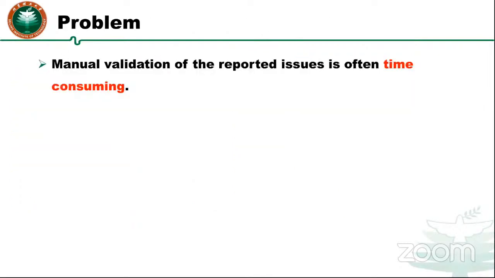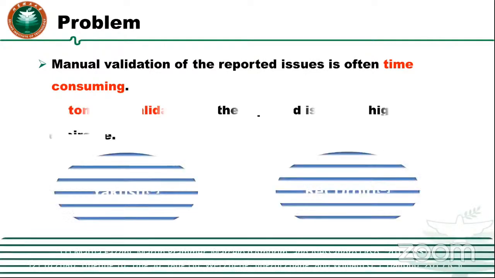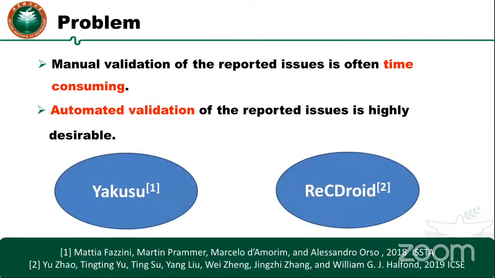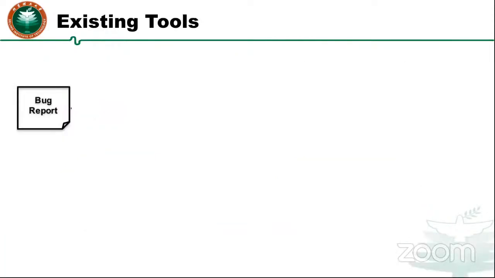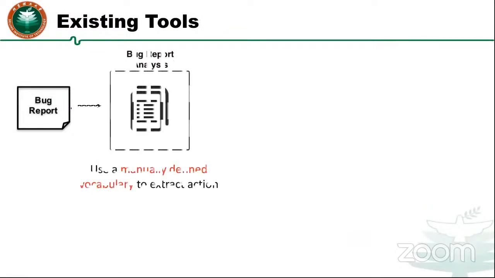Notably, manual validation of the reported bugs is often time-consuming, so automated validation of the reported issues is highly desirable. To this end, a few tools, like Yakusu and Residual, have been proposed recently to validate reported defects automatically. To validate the defects according to S2R, they identify actions in bug reports.